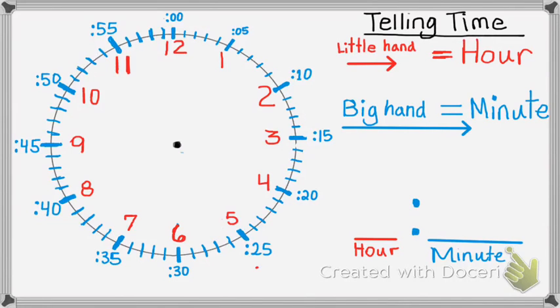So, when we're working through telling time through the hour, I use the arrow tool, and I can color code it. So my hour is going to be a red arrow. So we'll just go with the basic one, right? And then I'll change the color to blue, and that's my minute hand.